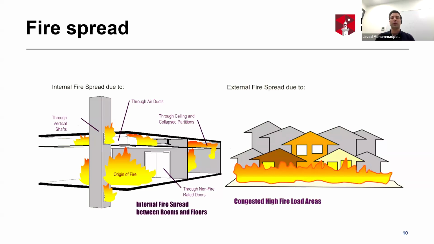So we have the origin or source of fire, and if we can't control that, it spreads even to the neighbors and other houses. Or if the source of fire is outside of the home, it can involve all of the houses and the neighbors.